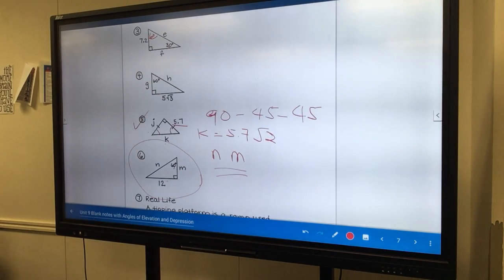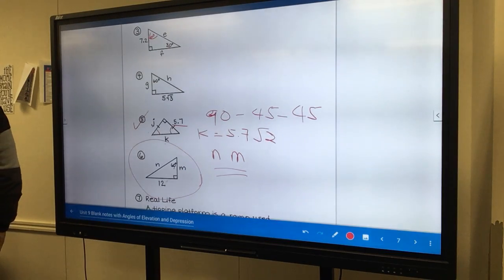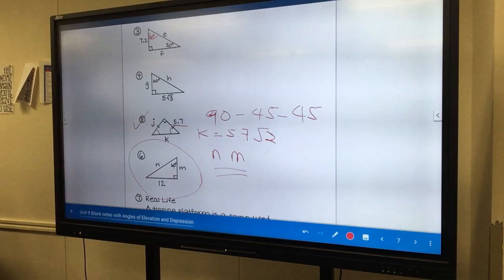Look at your notes. No, M is not 6. The only time it is 6 is if the hypotenuse is 12 and you divide by 2. Oh, okay. This is B. So be careful. Check it out carefully.